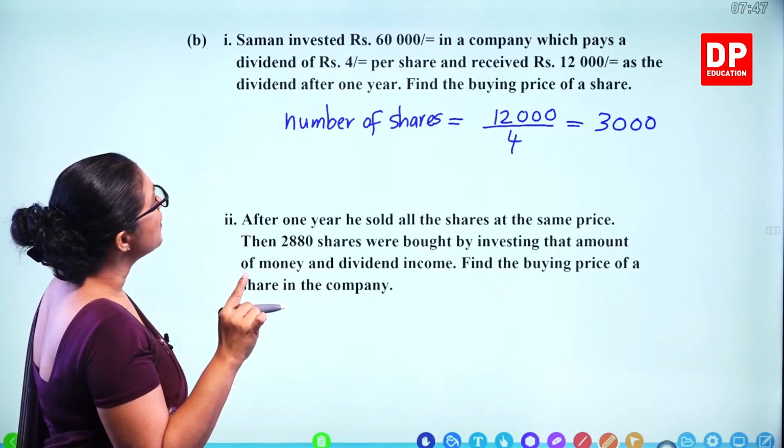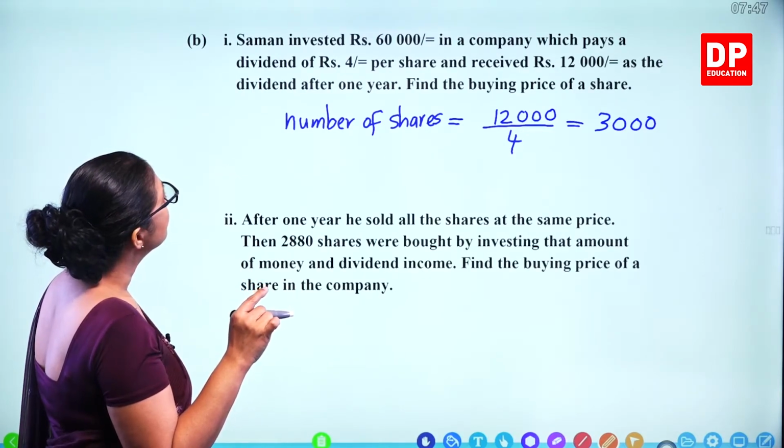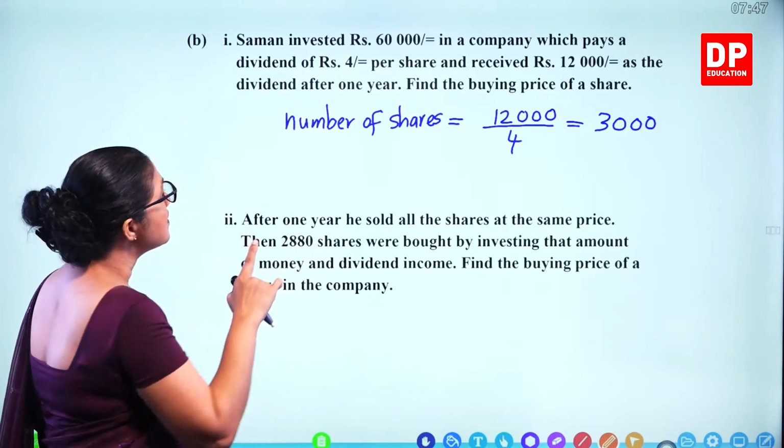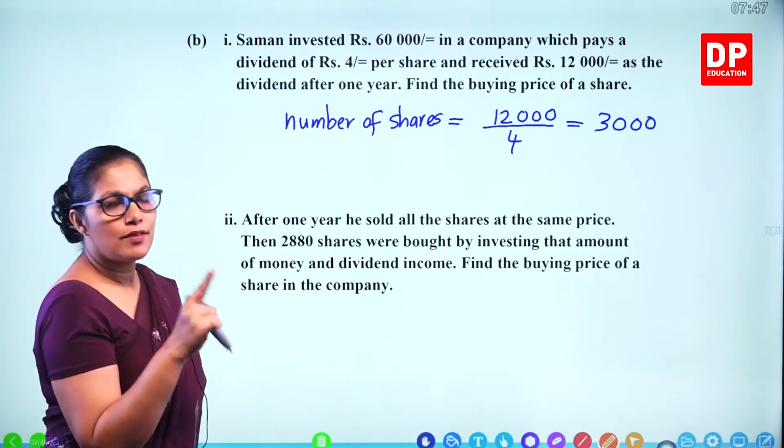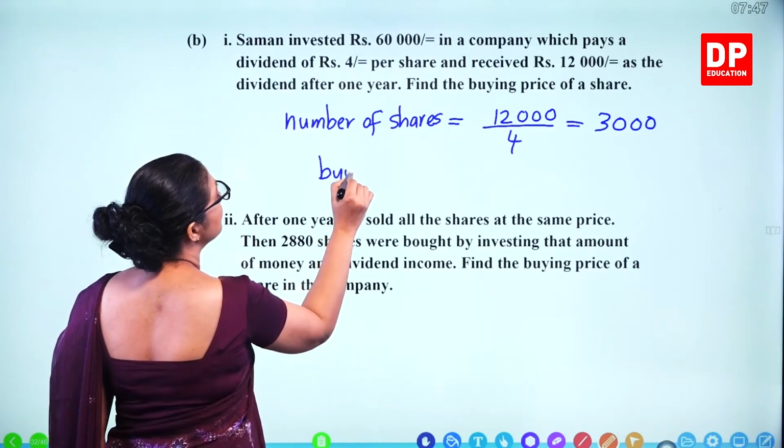So we need to find the buying price of a share. It says someone invested 60,000. So we know number of shares. So what is the buying price?